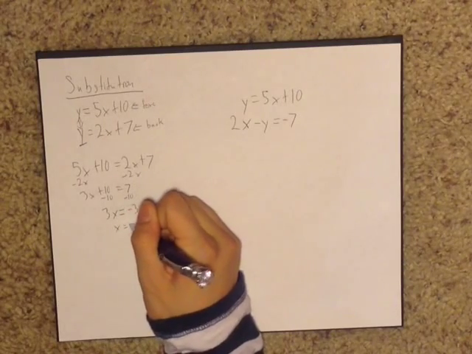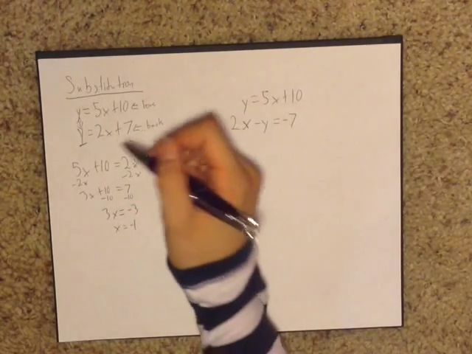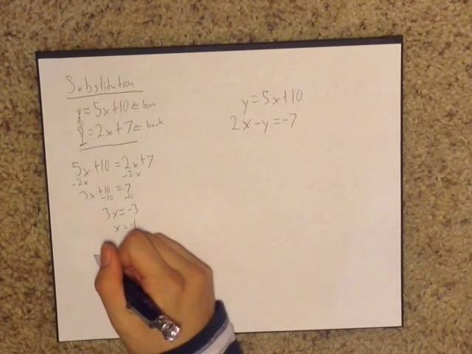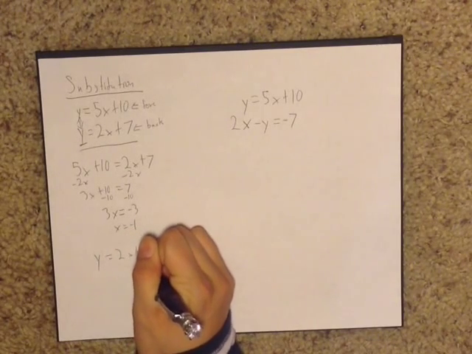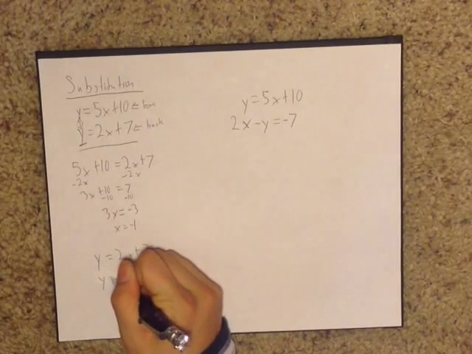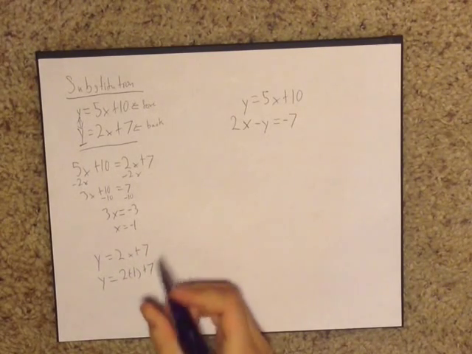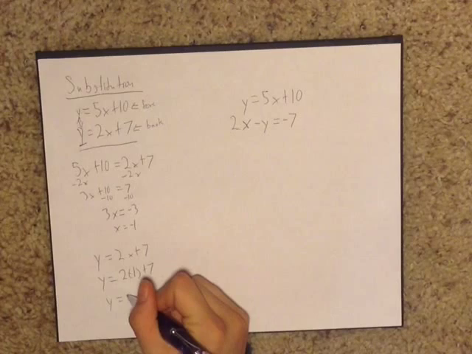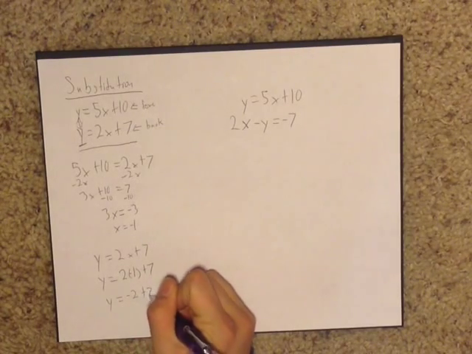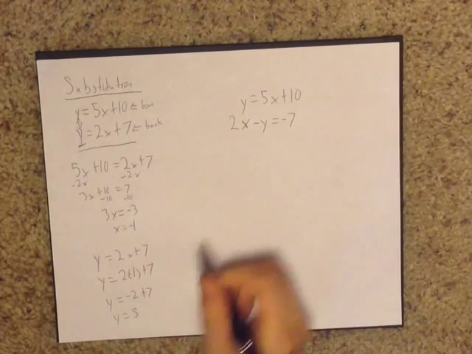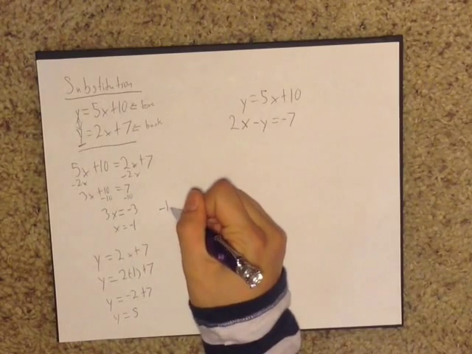So x equals -1. If we plug this back into one of our equations, y equals 2x plus 7, we get y equals -2 plus 7, or y equals 5. So it should be -1, 5.